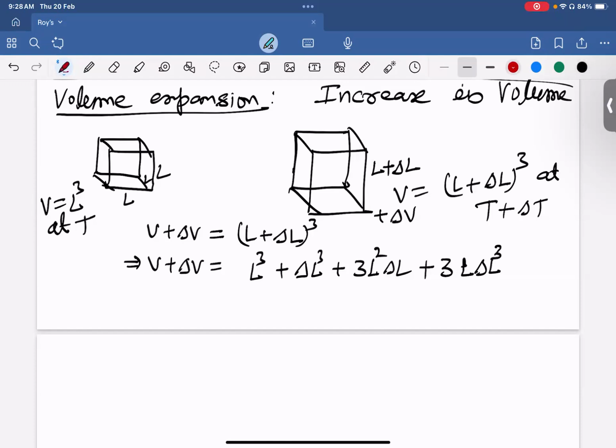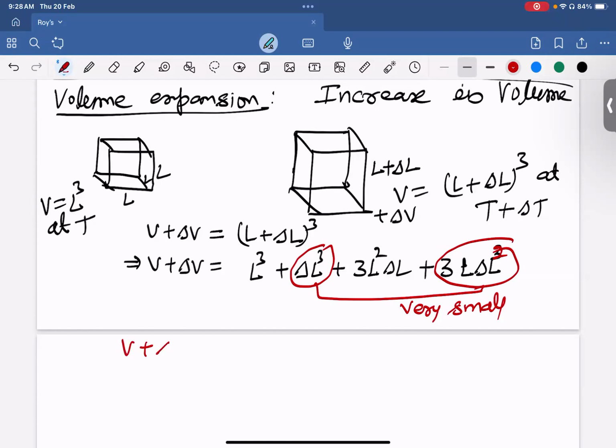But delta L square and delta L cube are both very, very small, so we will ignore these two. If we ignore that, it becomes V plus delta V is equal to L cube plus 3 L square delta L.